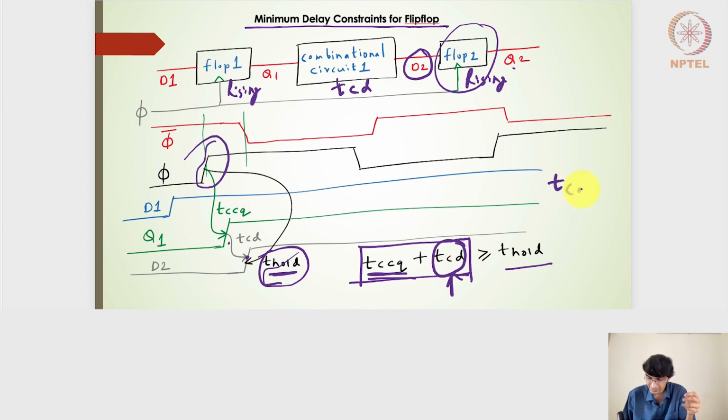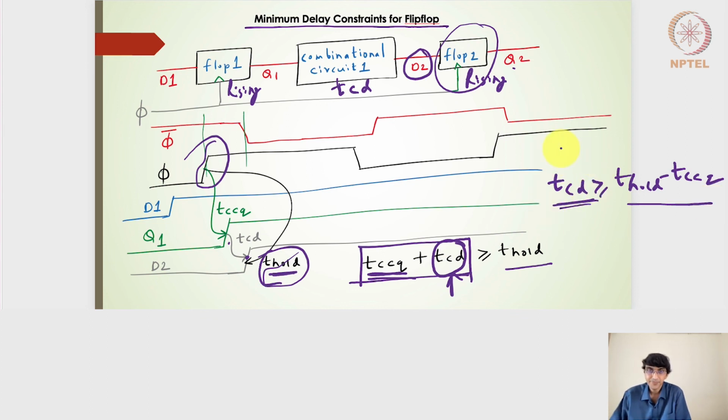So if I write TCD, it is actually T hold minus TCCQ, right? So the minimum delay that the combinatorial circuit should have, so as to avoid the hold time failure, is T hold minus TCCQ. So that should be the minimum delay. Right, hope you are able to understand this.